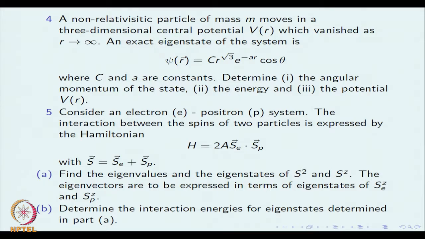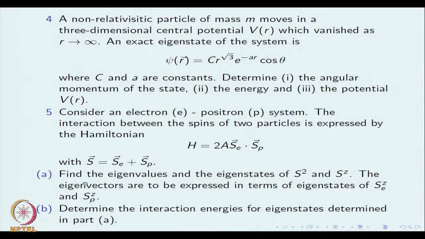When you consider the coupled state, the total spin is added as SE plus SP, and in this problem you are asked three parts. In part A there are two parts basically.